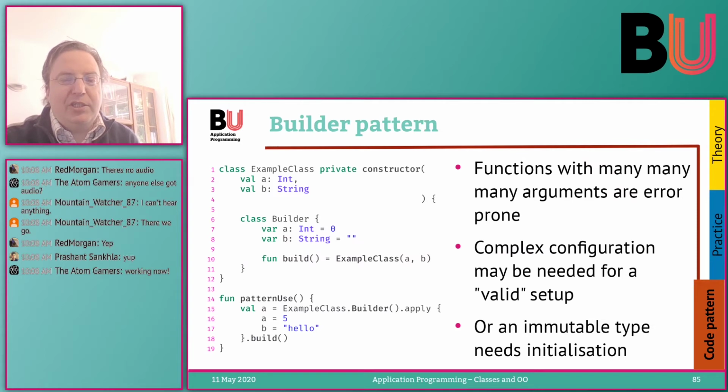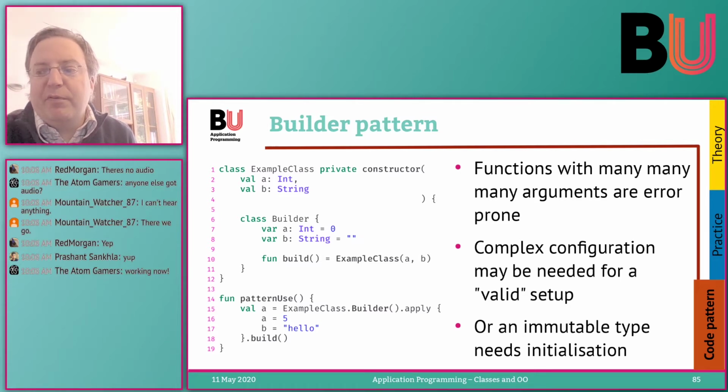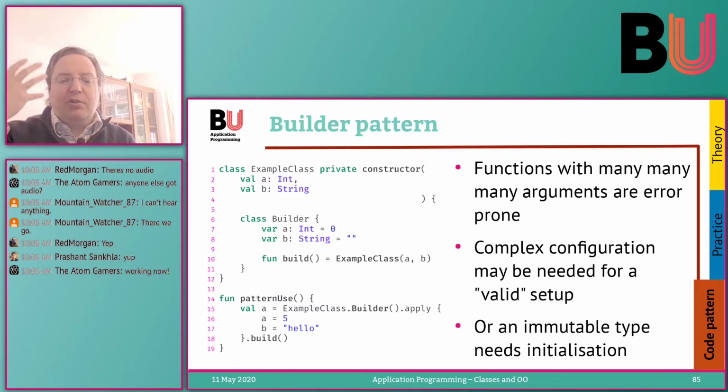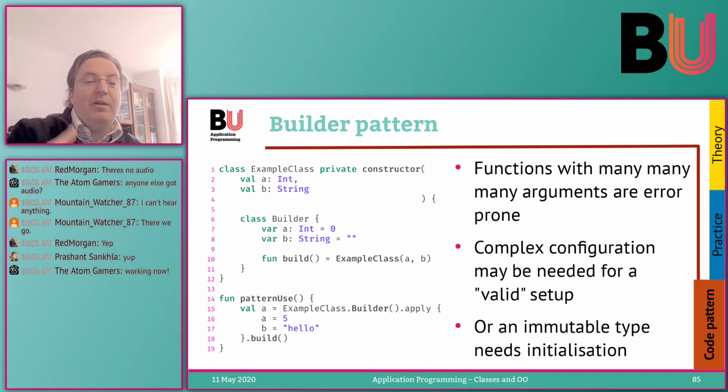The builder pattern is a way of handling the creation of complex objects that have some sort of data structure issue, so that may not be easy to create through a constructor. A builder allows you to do that. It might also be able to say, okay, you have an immutable instance, but the builder has mutable arguments and you can set it up. When you build it, it might do some checking.